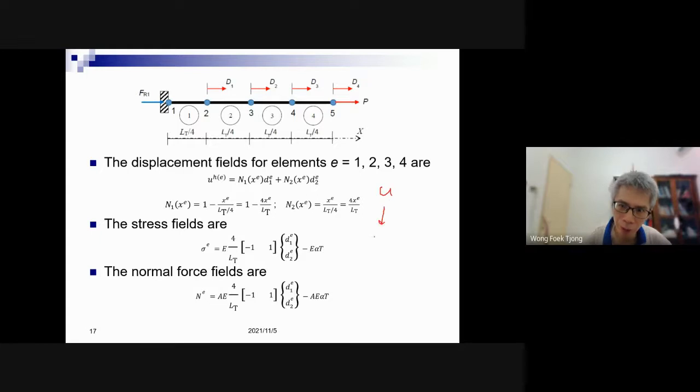We can compute the stress using the formula E, B, D. Sorry, this is d, right? For each element, d, nodal displacement only. This is not accurate. But this is standard finite element, okay?